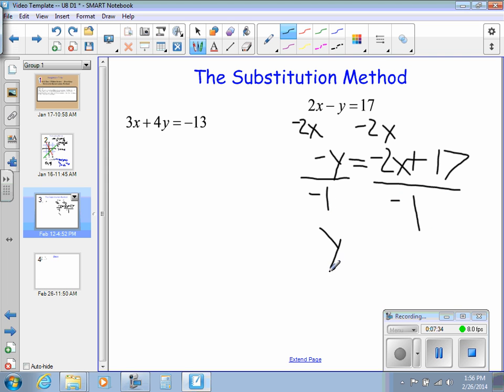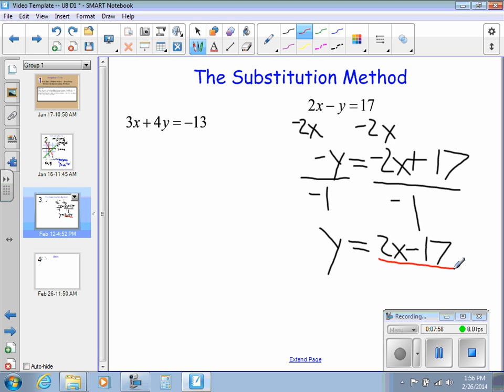And that will leave me with y equals 2x minus 17. Again, dividing by negative 1 just changes all of the signs. Okay, so now I have an expression in terms of x for y.